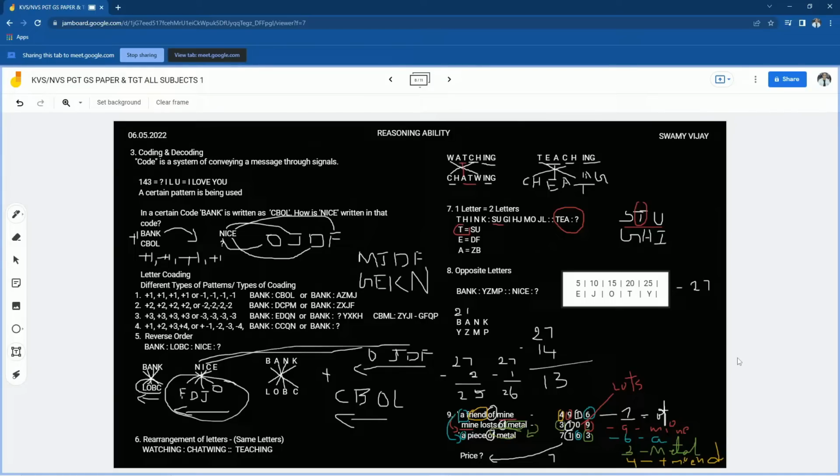A B C D E F G H I J K. 11 करेक्ट? हाँ, तो 27 में 11 माइनस कीजिए, कितना आ जाएगा नंबर आपका? 16. हाँ, 16. 15 तक आपको तो पता चल गया ना. तो 15 मतलब O है, O के बाद क्या आता है? P. So that is the reason why P is being used for K.